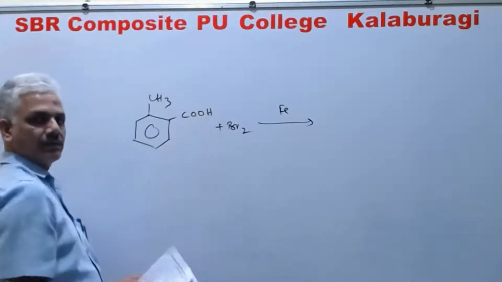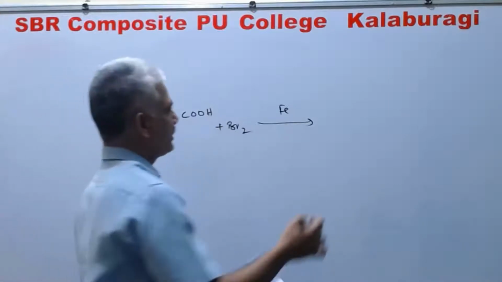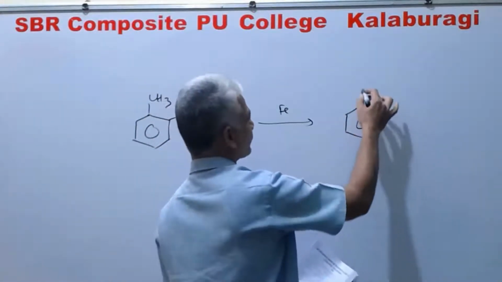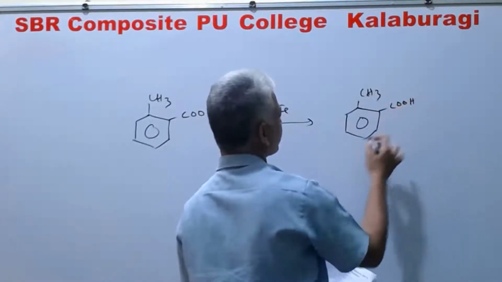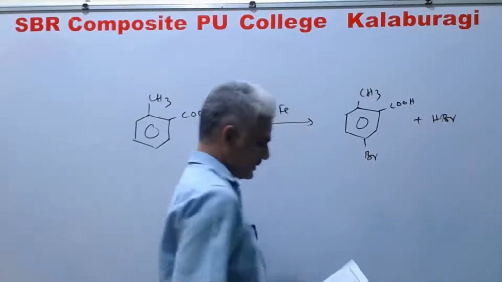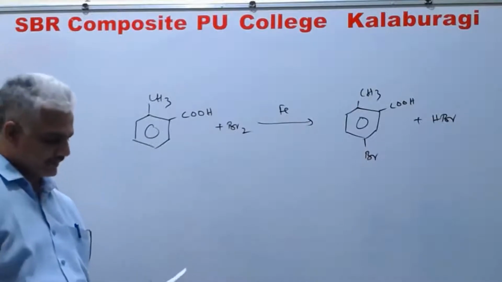Already a carboxylic group is present at the ortho position, therefore the bromine will be substituted at the para position. So you can go with the second option as the correct option.